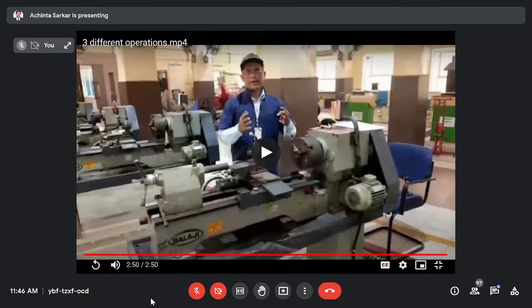Okay, but still no machine is 100% accurate, because there may be some error. Even when we are measuring the component after machining or after removing the material, the measuring instrument may also have error. So you cannot say the 100% standard value will be obtained. If I measure with a certain vernier caliper, it is 10.04 millimeter.